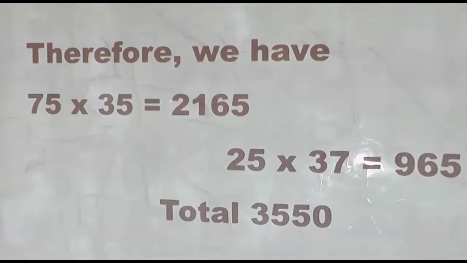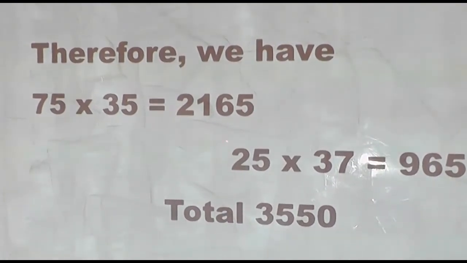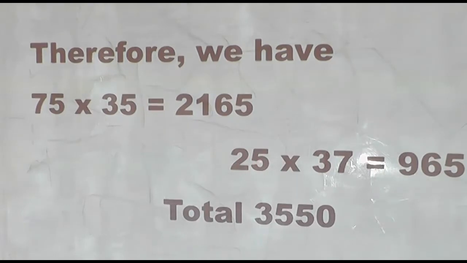75 times 35 will give us 2,165. The second isotope will be percentage abundance of the second isotope, 25, multiplied by the atomic mass of the second isotope, 37. 25 times 37 gives us 965.